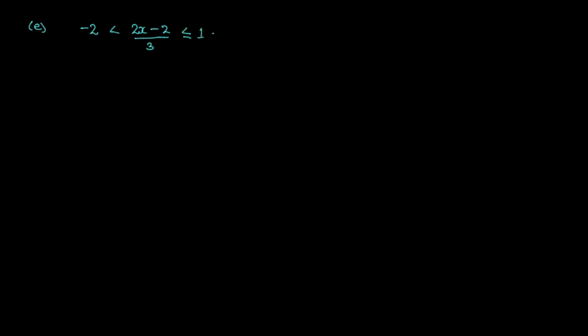So let's do the same approach, where we can split them into two simpler inequalities, and we have -2 is less than 2x minus 2 all over 3, and 2x minus 2 over 3 is less than or equals to 1.